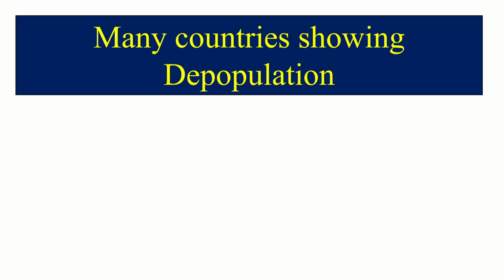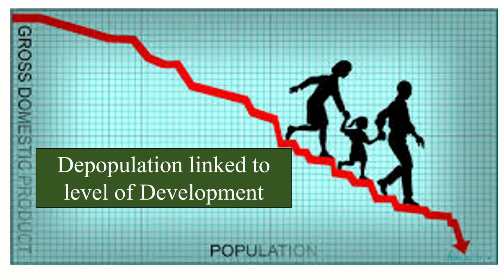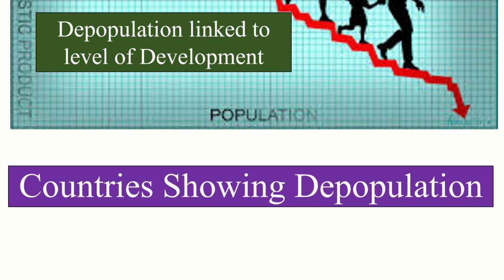Now, how was Spengler right? No doubt many countries at the moment are showing depopulation. And depopulation is also linked to the level of development, as it is mainly developed countries or the countries who are on the cusp of development that are showing depopulation.